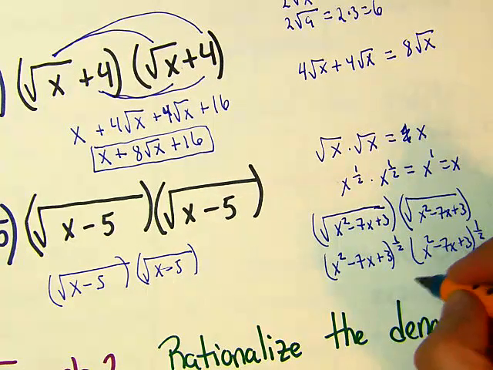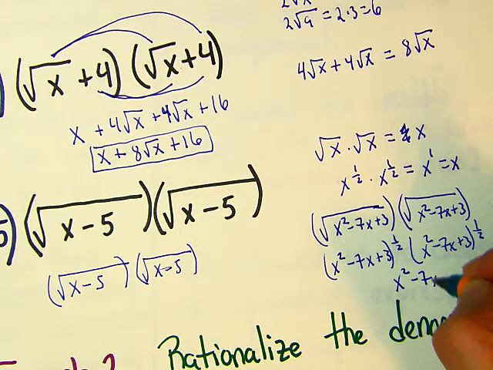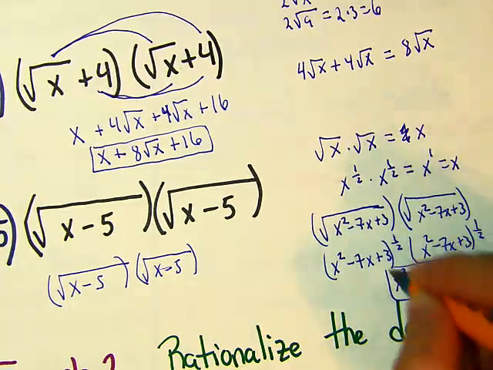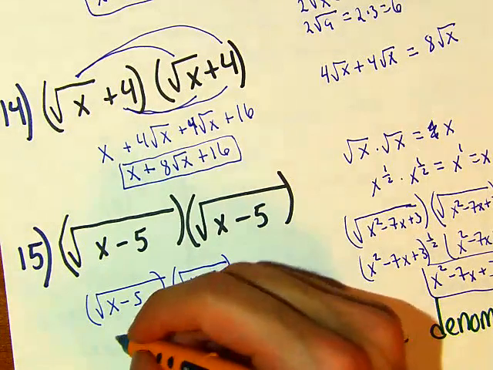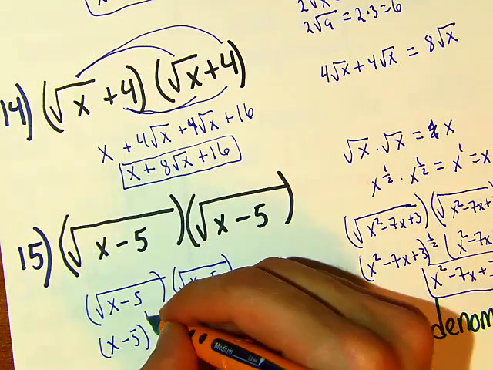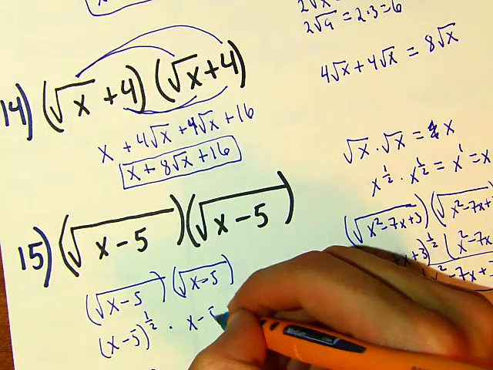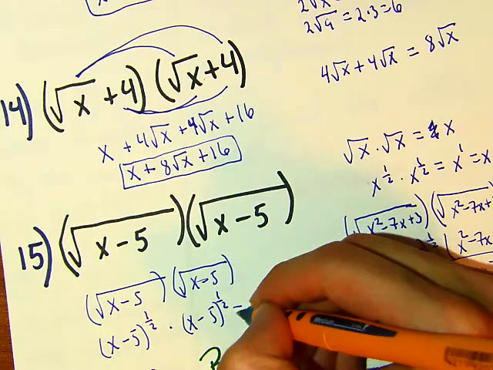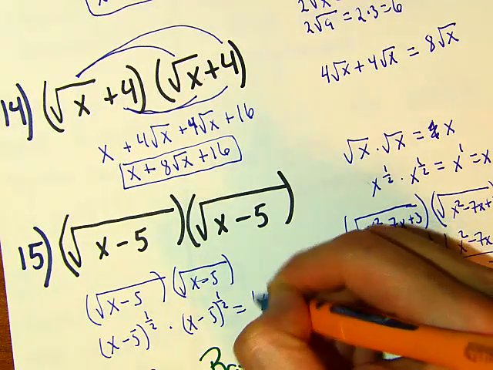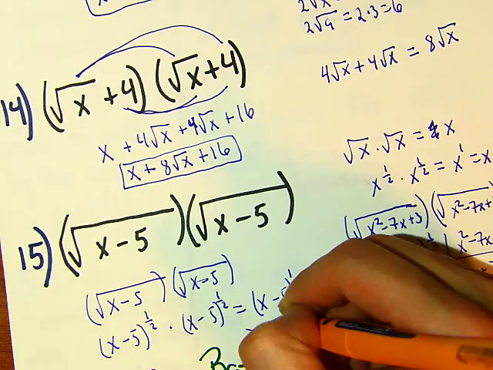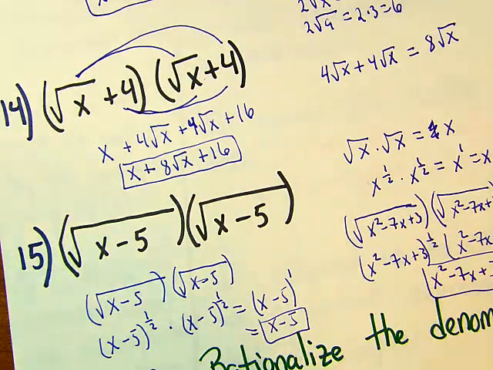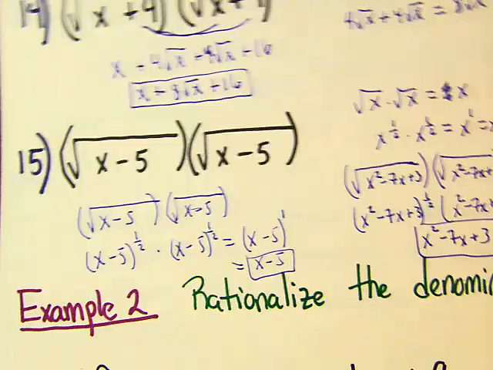So this is only equal to x squared minus 7x plus 3. And this will be the same thing here. This is just x minus 5 to the 1/2 times x minus 5 to the 1/2, and that's just equal to x minus 5 to the 1, which is still just equal to x minus 5. And that is it. Okie dokie.